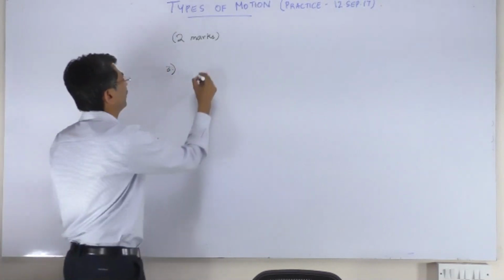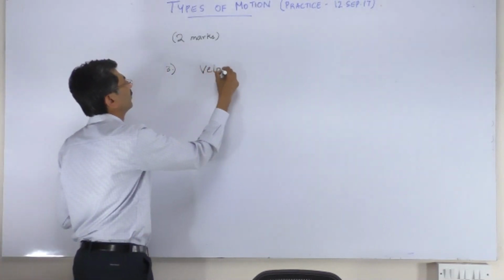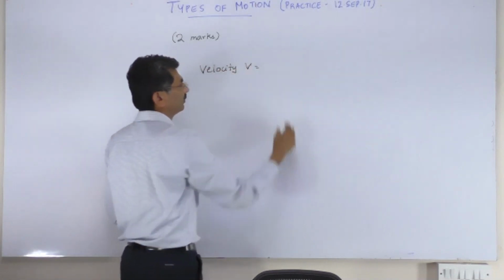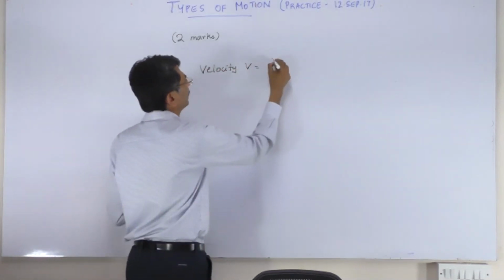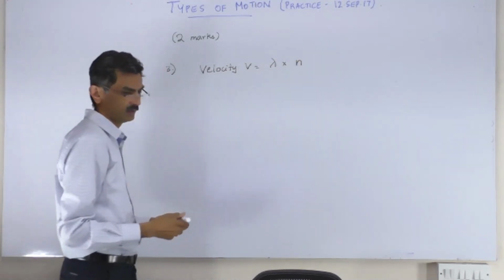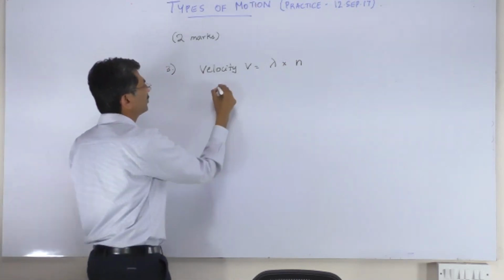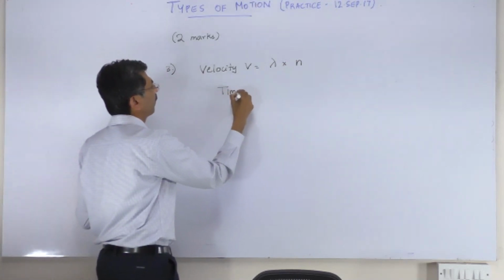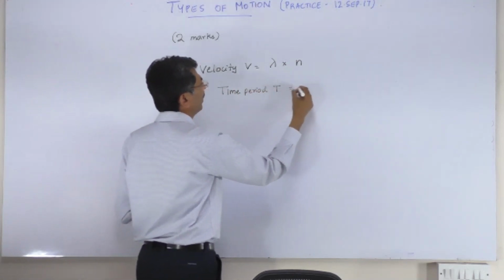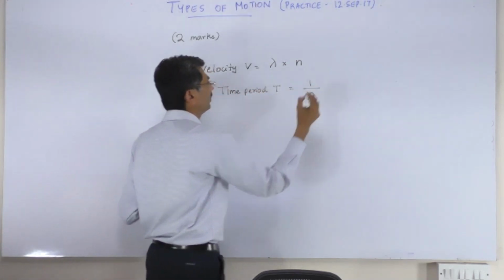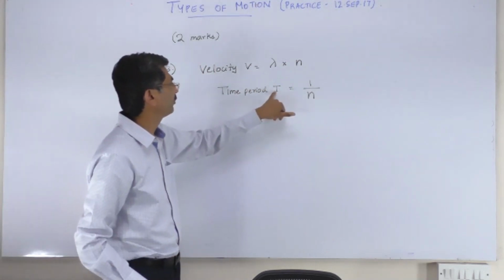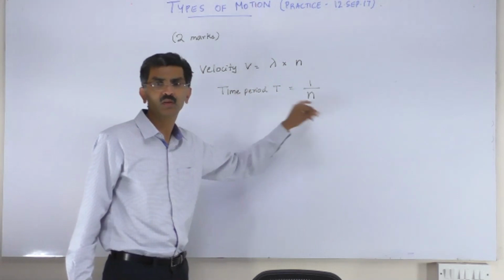Remember that the velocity of the wave is the wavelength multiplied by n. And the relationship between time period t and the frequency is t is equal to 1 by n, where time period is t and frequency is n.